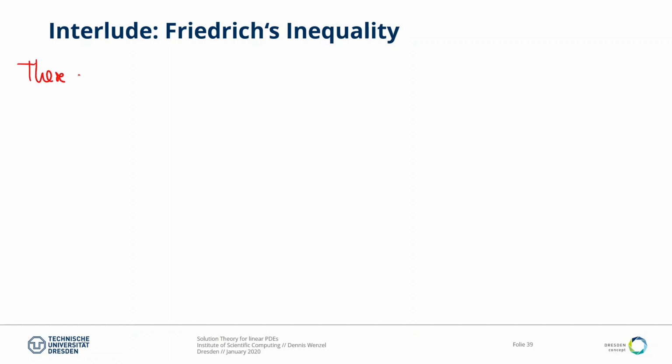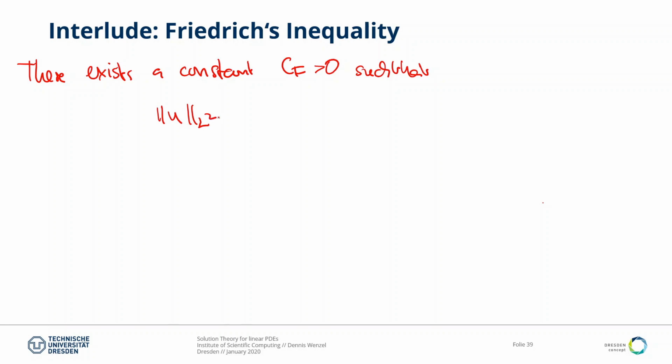There exists a constant, and we call it CF because it's the constant from Friedrichs inequality, so CF bigger than 0, such that the L2 norm of u is bounded from above by the constant times the gradient of u in L2 for all, and here comes the important and interesting part, for all u in H1 0 of omega.